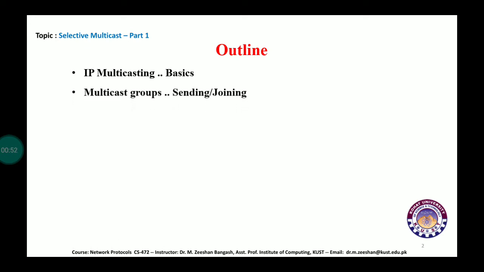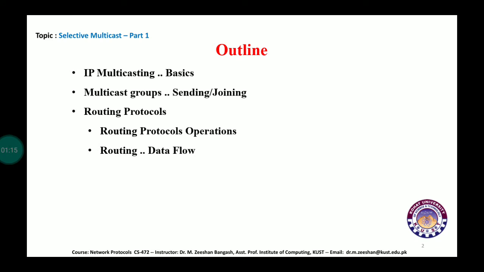Then we will be discussing the model of multicast groups, how the sending of data and joining a multicast group take place. Then we will be discussing some routing protocols for multicasting, some operations, the data flow in a routing protocol, and some ambiguities when we are doing multicasting.